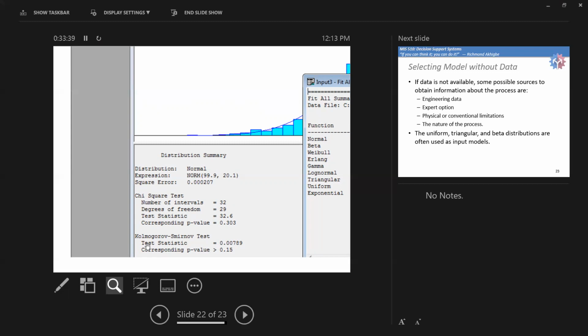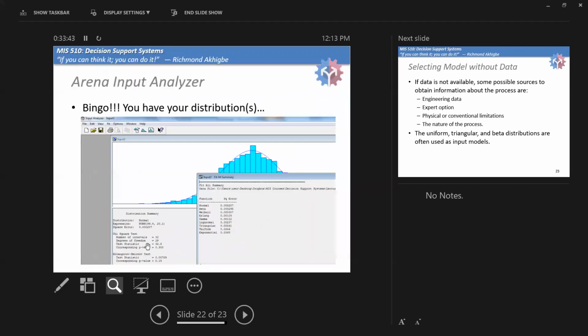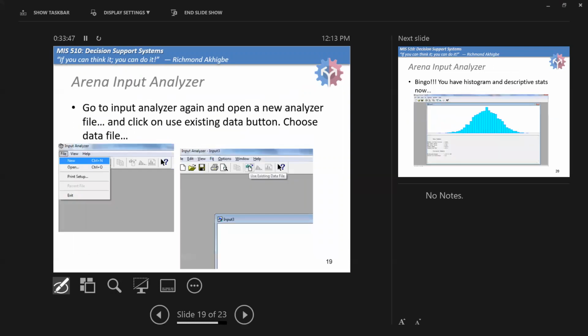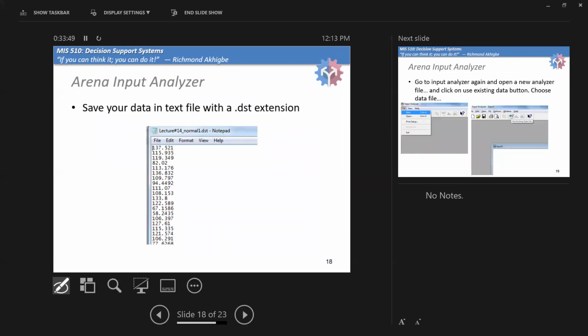Just one small thing to remember while you're writing the data. If you're trying to fit arrivals, the number of people arrived per minute or something like that, that is Poisson.